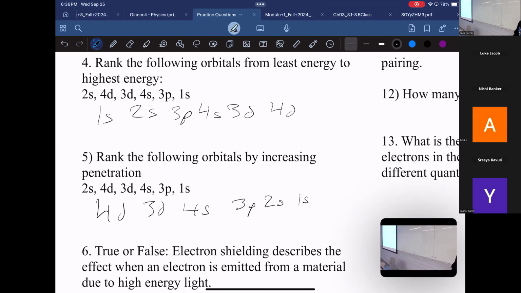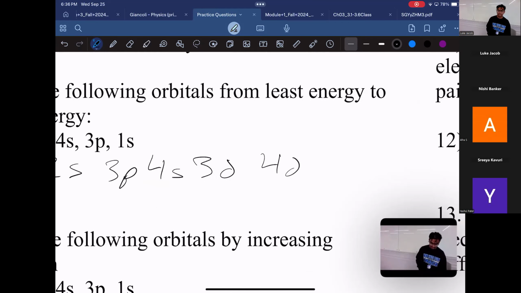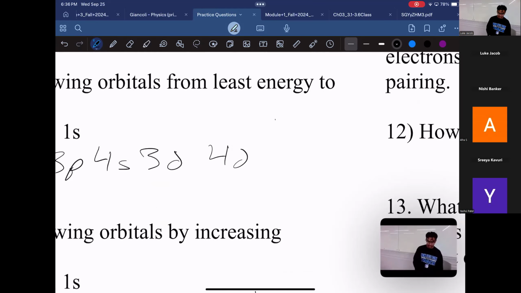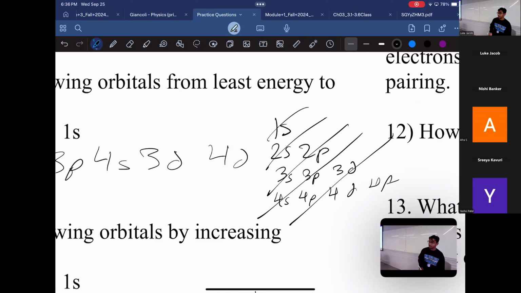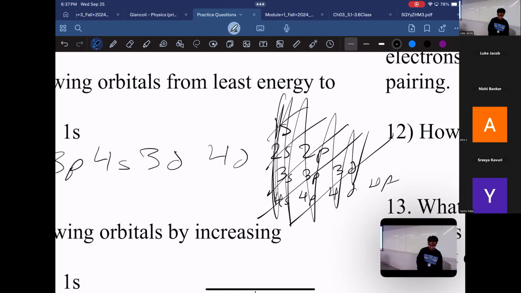Yes, it's based off of energy when it comes to this kind of stuff. A good way to do it is the tree thing: 2S, 2P, 3S, 3P, 3D, and then 4S, 4P, 4D, 4F. Just going across like this helps show the energy levels. So that's a good little trick for the test.